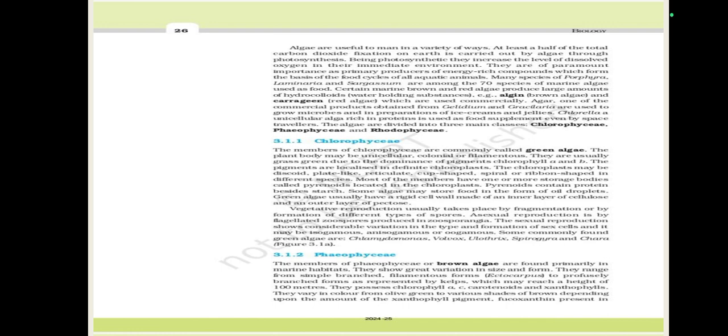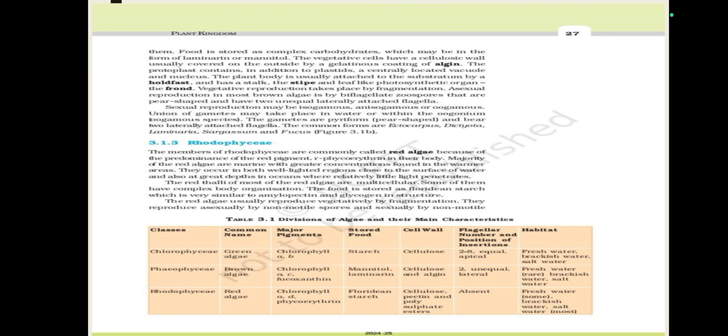They vary in color from olive green to various shades of brown depending upon the amount of the xanthophyll pigment fucoxanthin present in them. Food is stored as complex carbohydrates, which may be in the form of laminarin and mannitol. The vegetative cells have a cellulosic wall, usually covered on the outside by a gelatinous coating of algin.